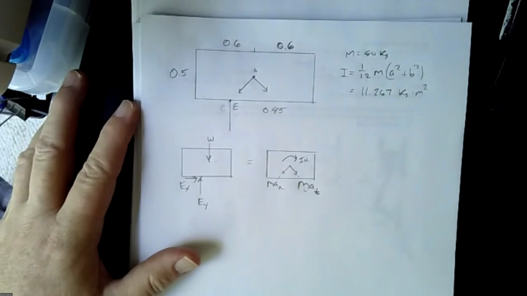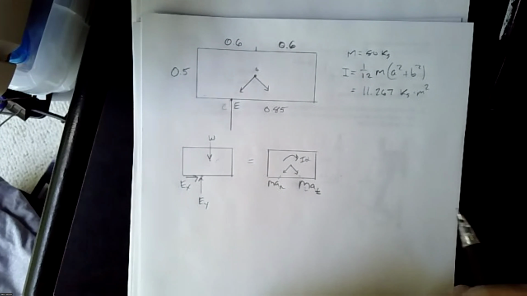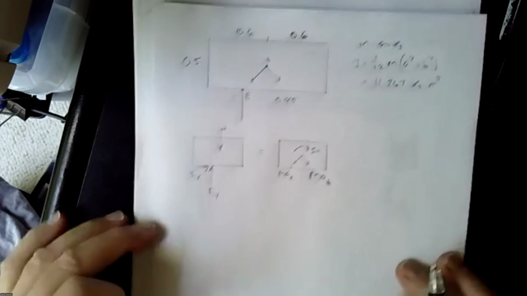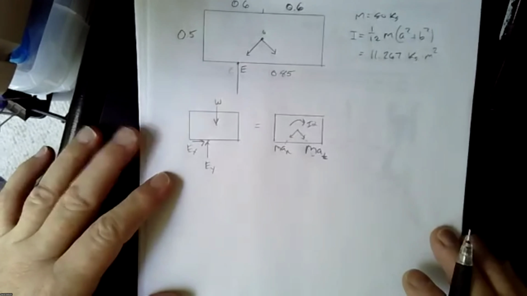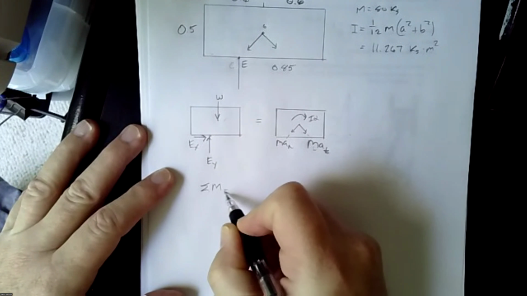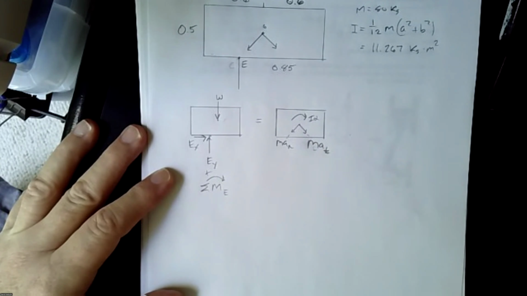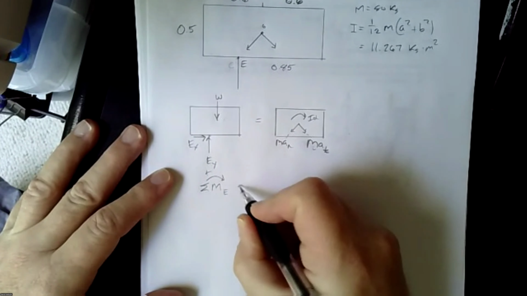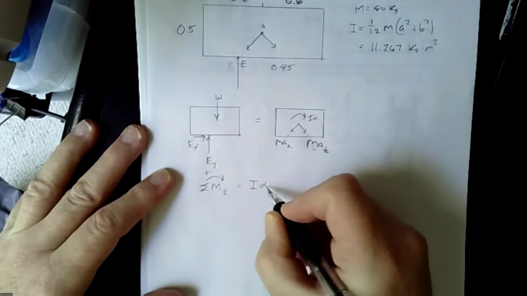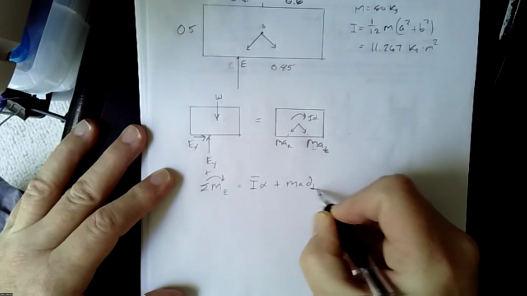Okay. Now, if we look at the r distance, because remember, what's our equation going to look like? It's going to be the sum of the moments about E, and I'm going to make clockwise positive because of the way that it's set up. And that's going to equal I alpha plus m a d perpendicular.